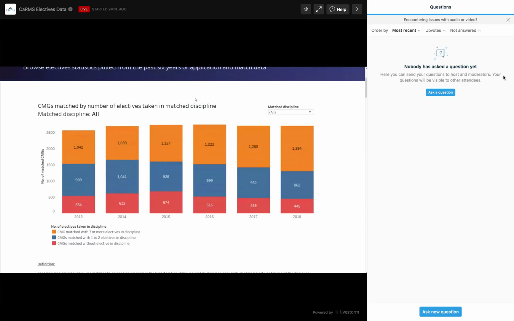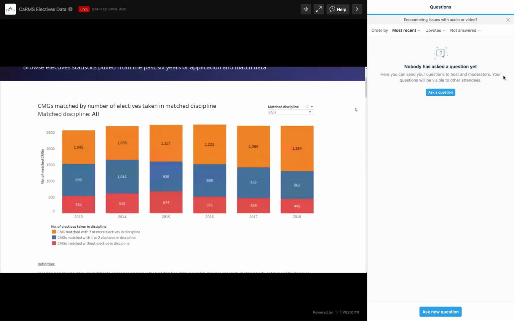For each view, you'll be able to select all or any one of the number of disciplines that applicants apply to during the R1 match. As I walk through it, I'll show a selection of disciplines just so you get a sense of some of the different patterns and trends in the various disciplines. So with that, we'll get underway.